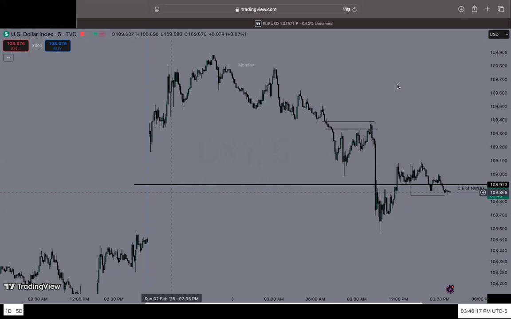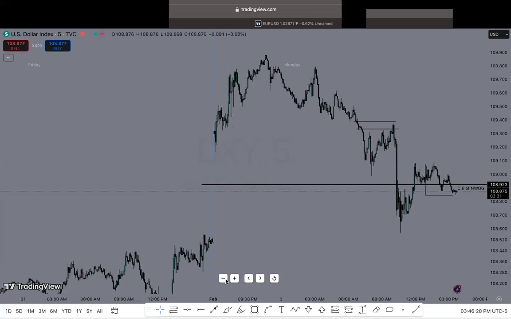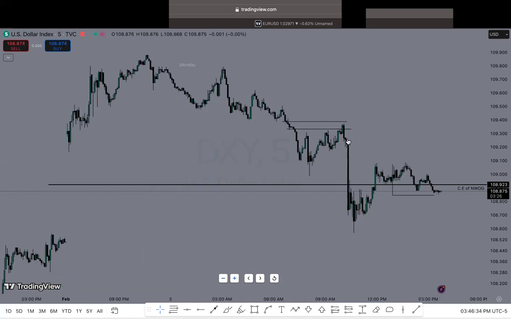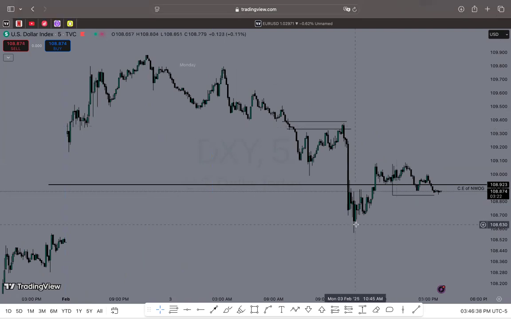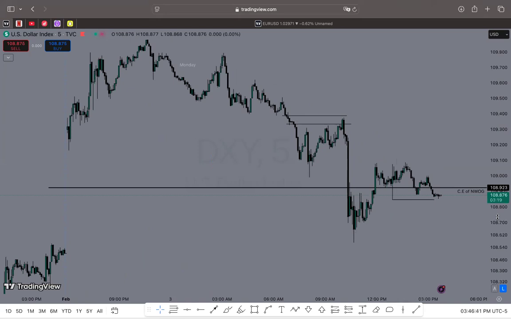We'll use the dollar, and knowing where price is going to be drawn to is also very important. We can see we have a large range gap as well, an opening gap, and another surprise, it gets drawn through the CE of the gap. And like I said, this is a full-fledged range.